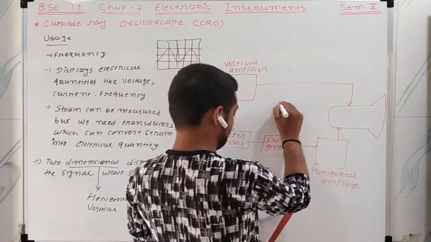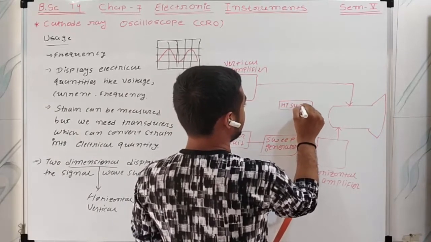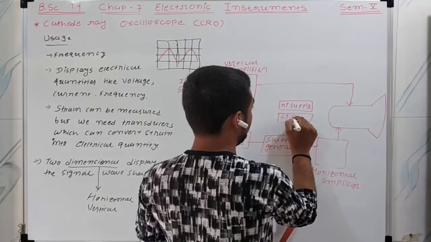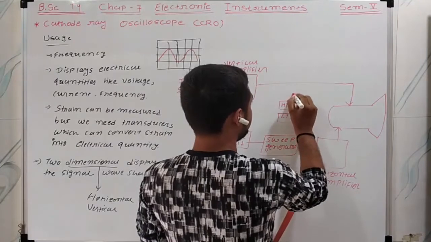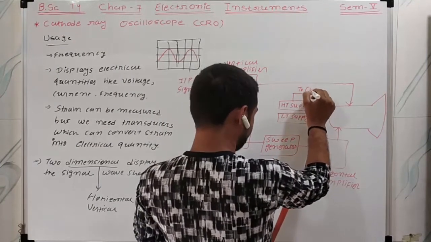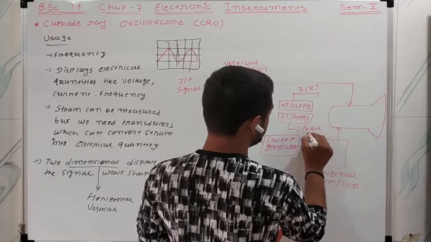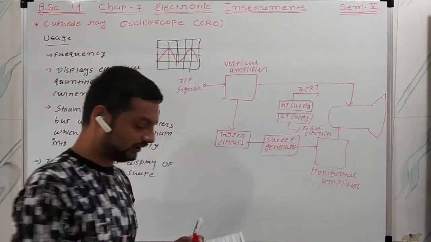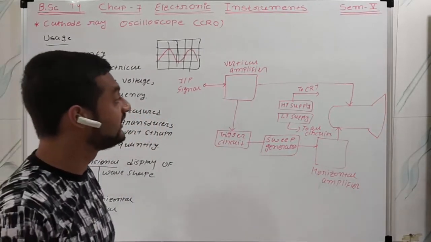Here it is the HT supply, and here it is the LT supply. This is also given to the CRT. This is given to all circuits. Got it? Okay. This is the basic block diagram of this CRO.